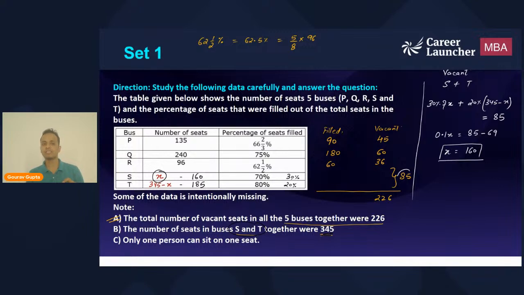Now, in the first bus S, 30% of the seats are vacant. So the number of vacant seats, look at the right hand side now, in this bus will be 30% of X. Similarly, for bus T, the number of vacant seats is 20% of 345 minus X. And the total number of vacant seats is equal to 85.